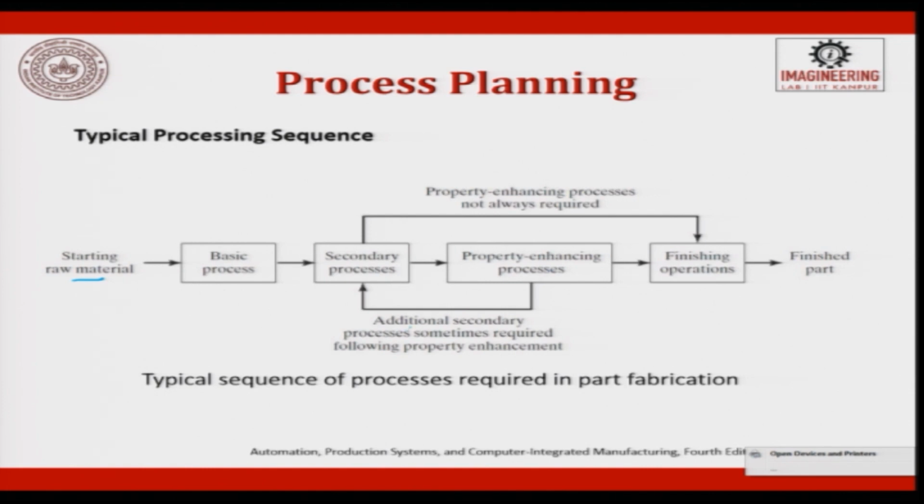It can be additional secondary processes sometimes required following property enhancement, or it can be even heat treatment, whatever it is. After heat treatment, it can do 2-3 stages of heat treatment. Okay. So, you try to play with time, temperature, you try to get different microstructure. If you feel the heat treatment is not required, you directly jump to the finishing operations and then go for the finished part. So, these are all the typical sequence of operation which are involved in process planning.